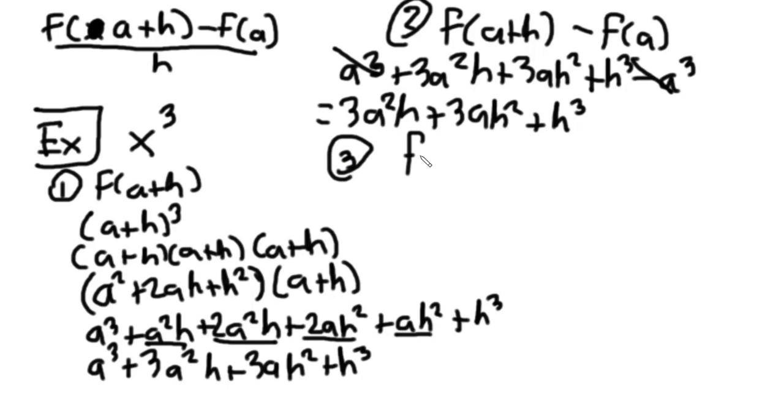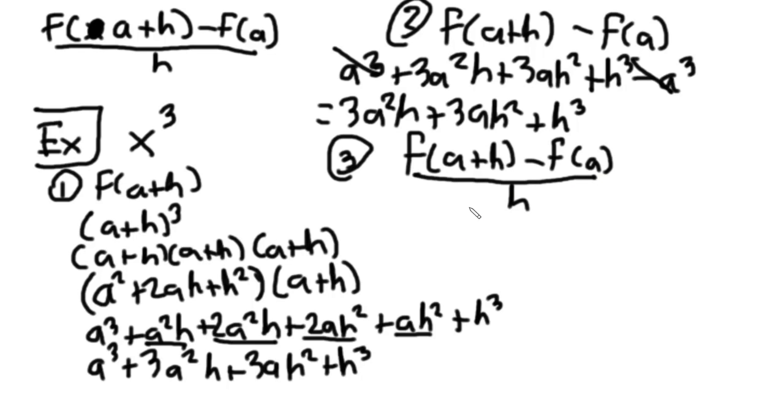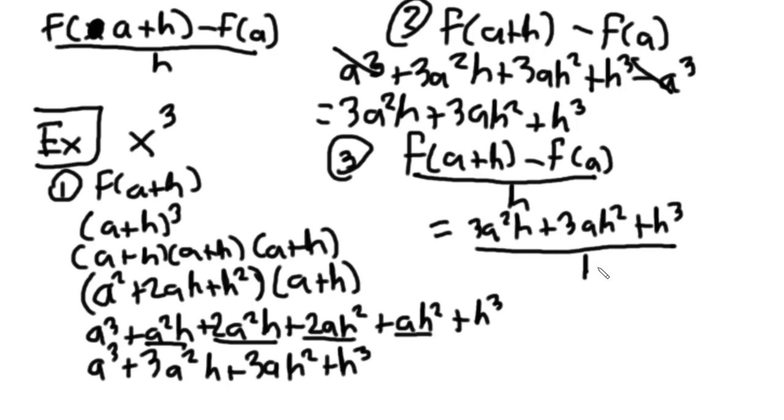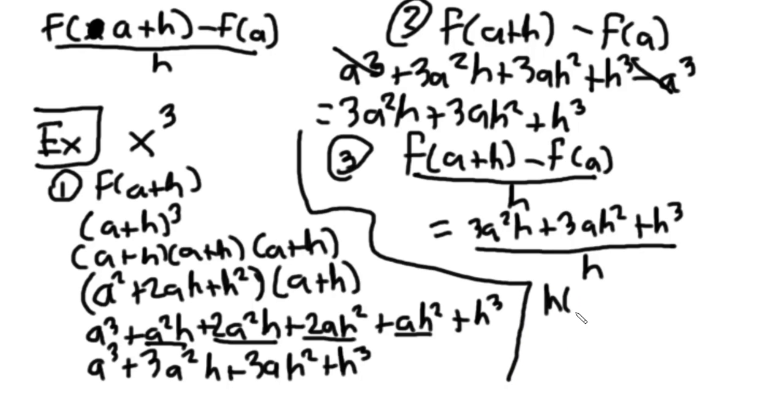Step 3, we assemble the entire formula. So that's going to be what we had from step 2, all divided by h. So that's going to be 3a squared h plus 3ah squared plus h cubed, all divided by h. And if we notice on top, everything has an h in common. So that's an h we can pull out.